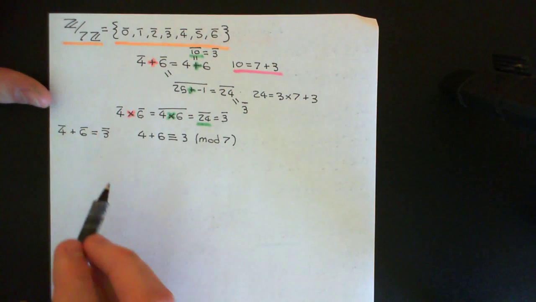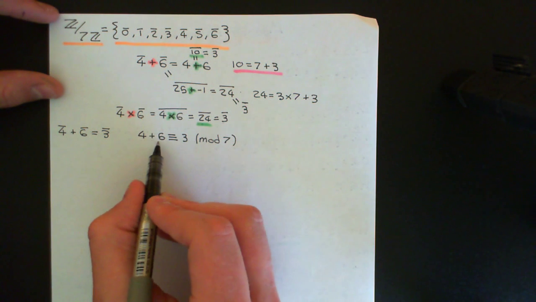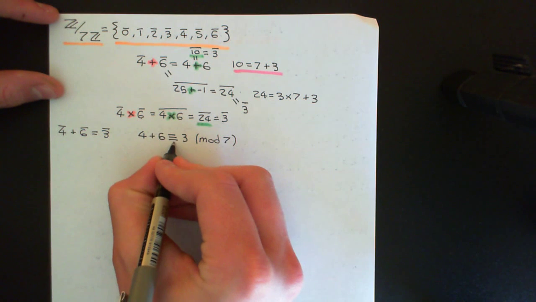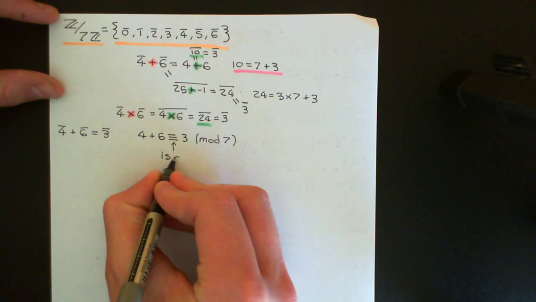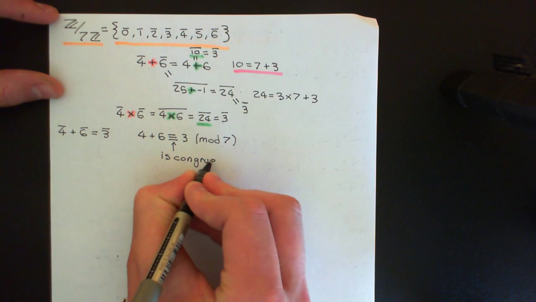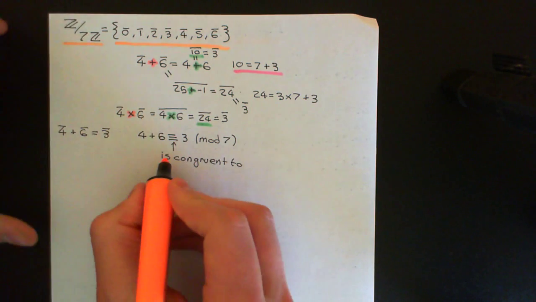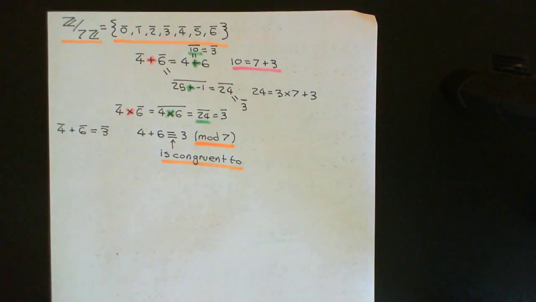This is the old notation for writing this: if you take 4 plus 6, the answer is in the same congruency class. This big equals sign with 3 lines should be read as 'is congruent to'. So is this in the same congruency class as 3 if we are working modulo 7, if we're working in Z mod 7Z? As I say, that notation is still prevalent, especially in things like number theory, and it's the old notation.